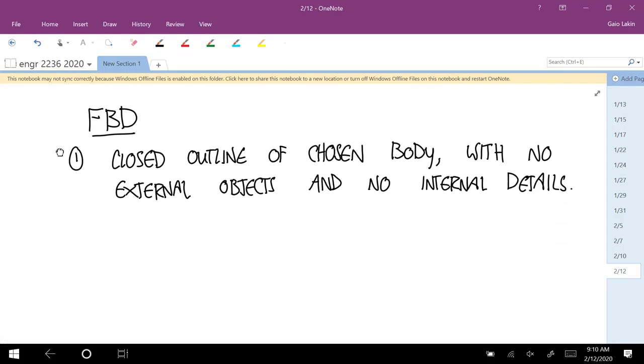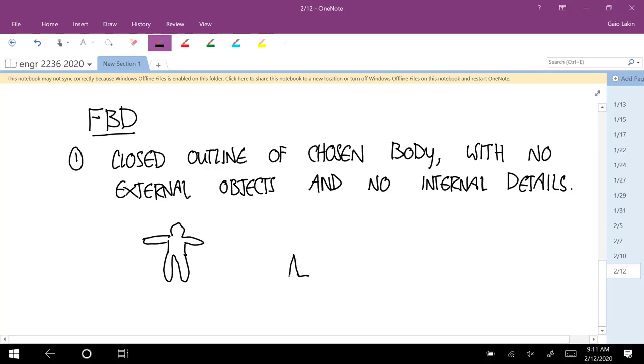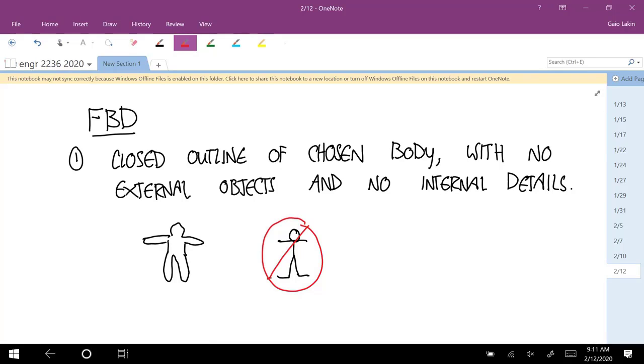So if you're doing a free body diagram of a person or a gingerbread man, there's a closed outline. This is not a closed outline. And the reason that that matters is because we're trying to be really clear about the boundary.